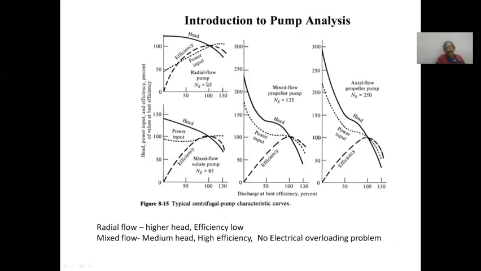But look here, in case of radial flow pumps, if the water level in the well is lower, then when discharge is higher, what happens to the power? Power keeps on increasing. So that is the reason why many times your electrical winding would get burnt when water level in the well is at a higher elevation.